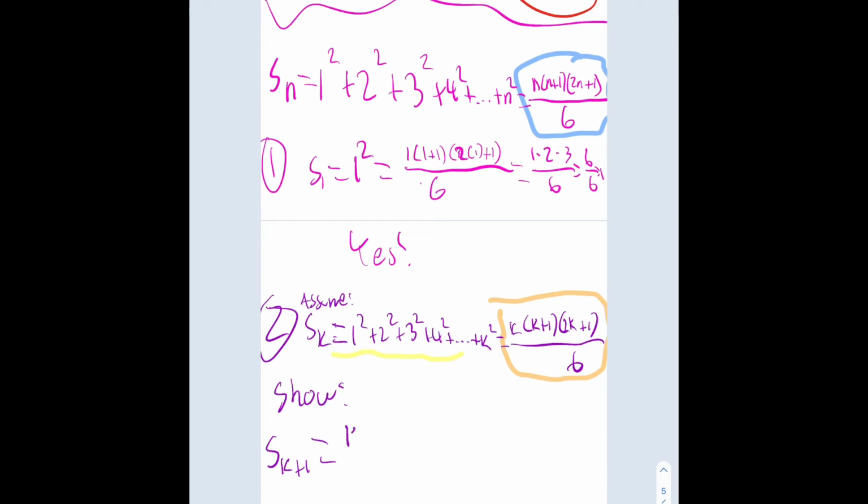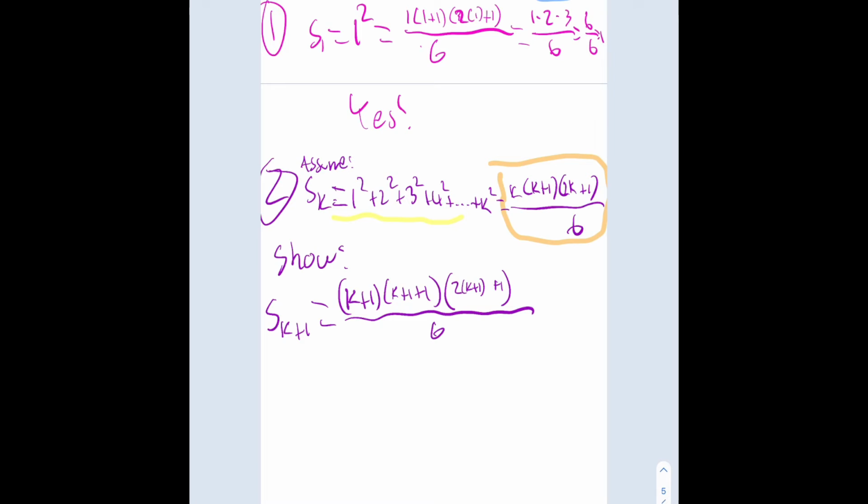Okay, so I'm going to plug in k plus 1 every time I see a k. So k plus 1, and then k plus 1 plus 1, and then 2 times k plus 1 plus 1, all over 6. There we go.